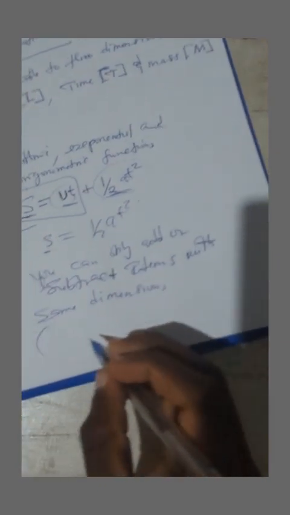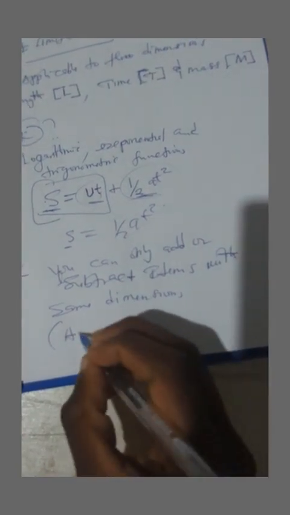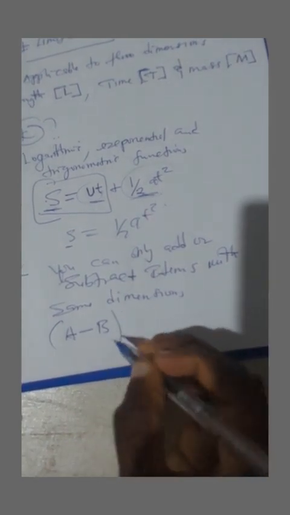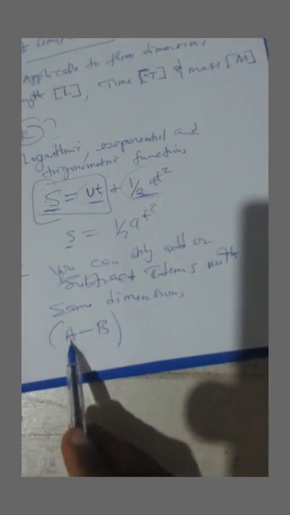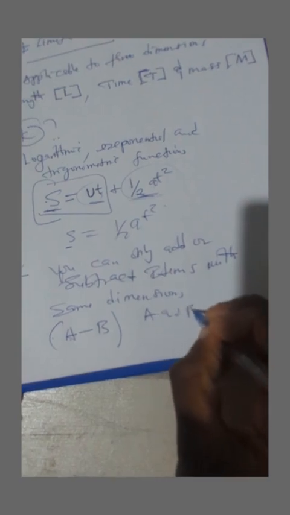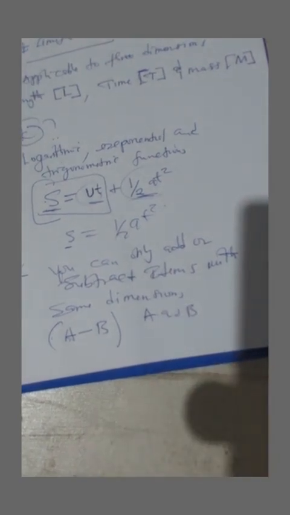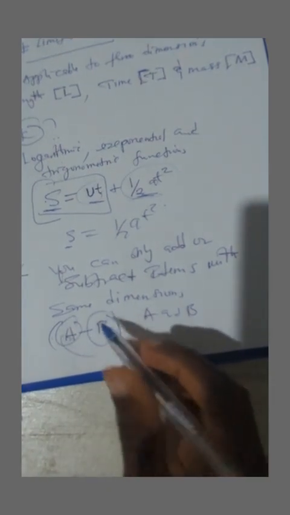Let's say we have a minus b. Since we are subtracting b from a, and they have a minus sign in between them, the dimension of a and the dimension of b are actually the same.